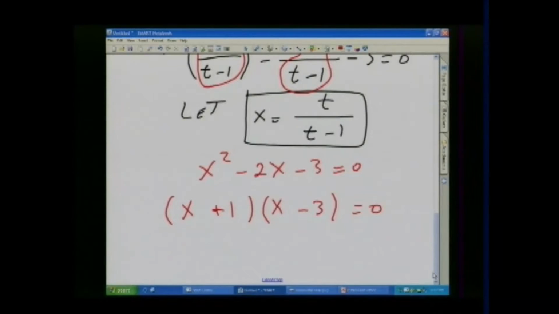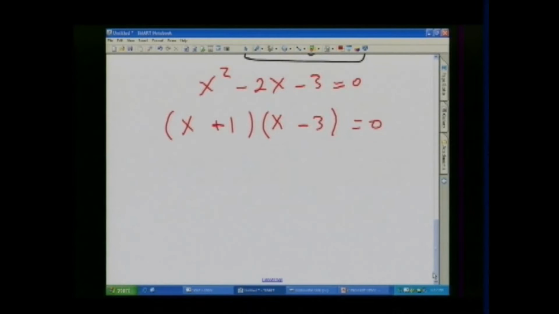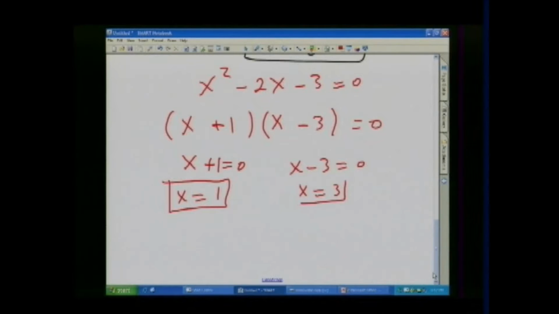Again, x plus 1 times x minus 3 is equal to 0. So that means x plus 1 is equal to 0, or x minus 3 is equal to 0. X plus 1 equals 0. That means x is equal to minus 1. X minus 3 equals 0. That means x is equal to 3.